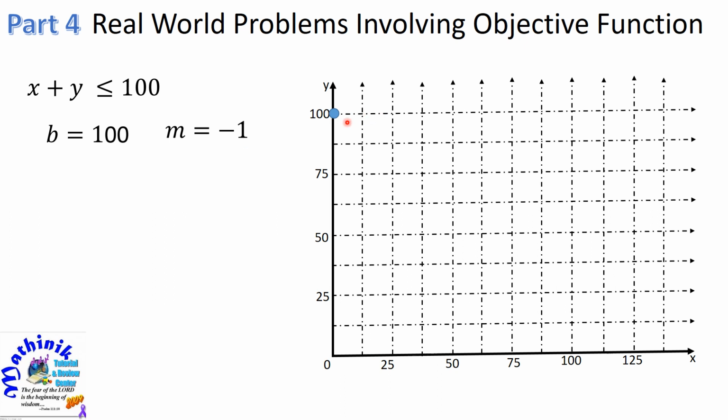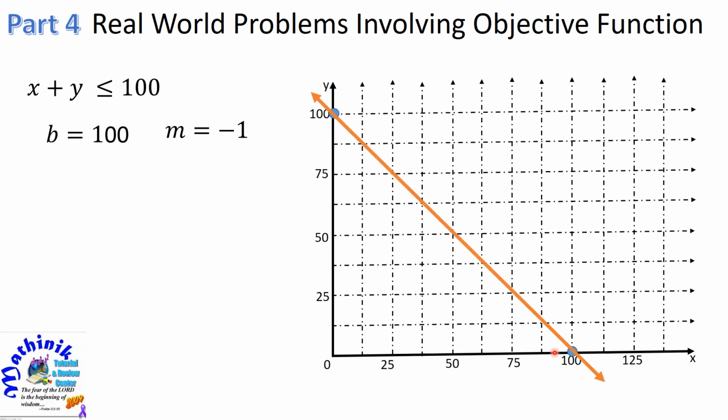And then by the slope, negative 1, that means the number of units going down will be equal to the number of steps going to the right. If we do 100 steps going down, that will be 100 steps going to the right. So another point will be at (100, 0).